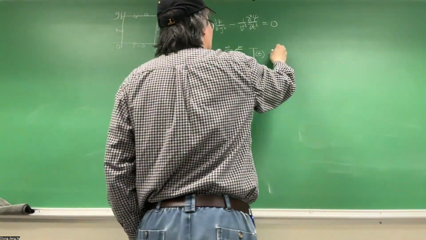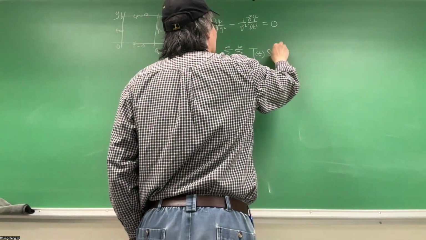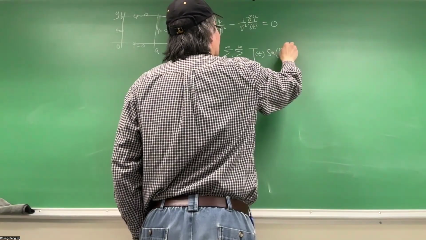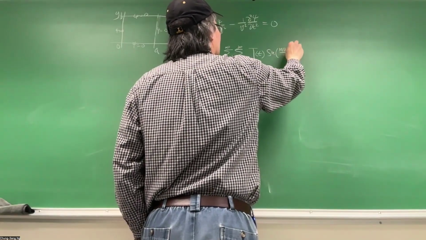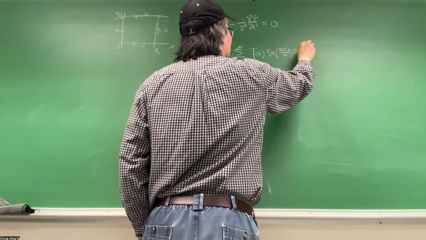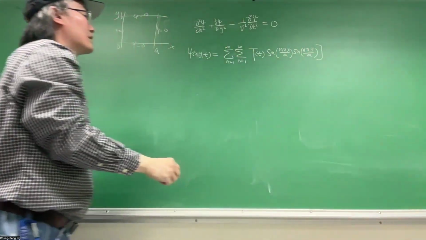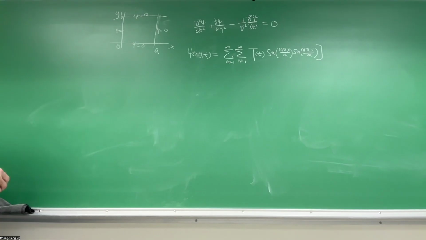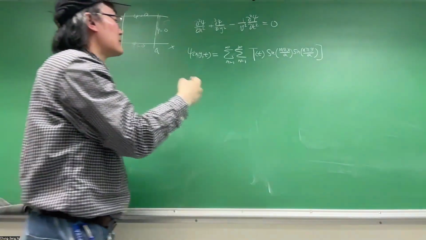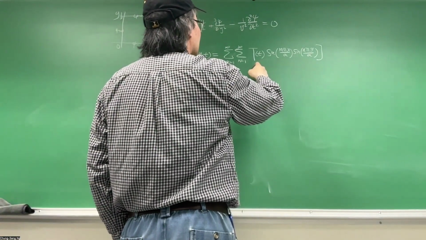And then this is separable, so you have sine m pi x over a, sine n pi y over b. That would satisfy the x and y boundary condition that is 0, right? That would do it, right?